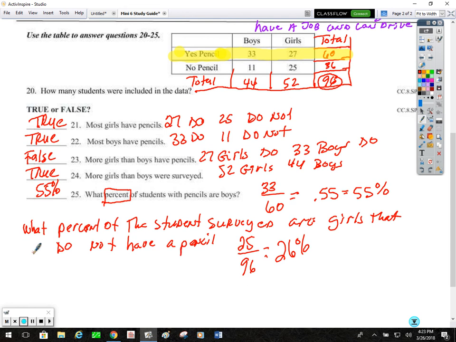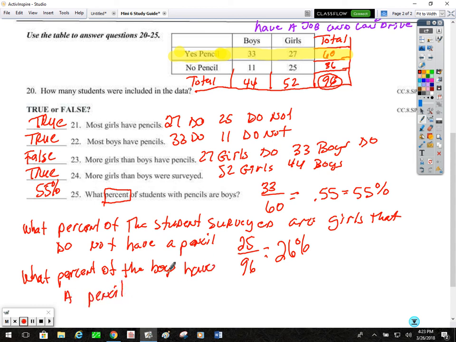Okay, so just read the category through. All right, let's try one more. Let me see if I can make up one more. Let's see, what can we do? Okay, what percent of the boys surveyed have a pencil?